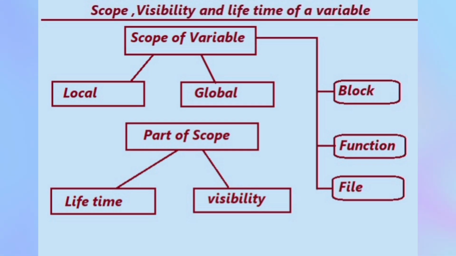It's a dynamic representation of scope of variables: local, global, and the parts of scope, which are lifetime and visibility. Next is the block, function and file. Scope, visibility, and lifetime of the variable are three categories used to create the variable and allocate memory space based on the variable type, and to allocate and deallocate the variable memory space.